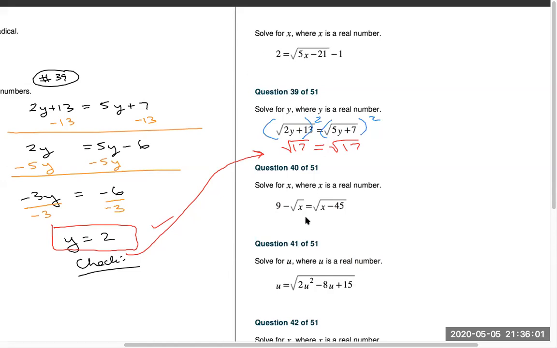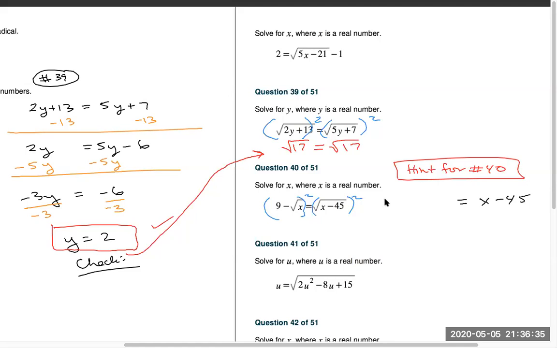For number 40, I'm still going to leave you guys to work that one out on your own, but here's a hint: you actually can't completely isolate both radicals at the same time. So go ahead and square both sides here. The right side will look decently nice when you're done with that.